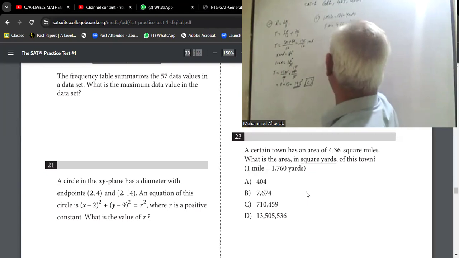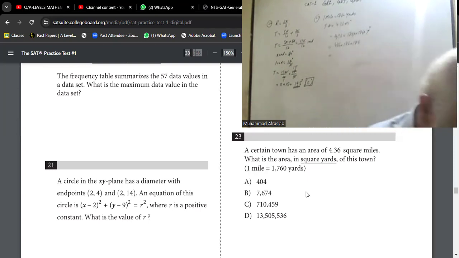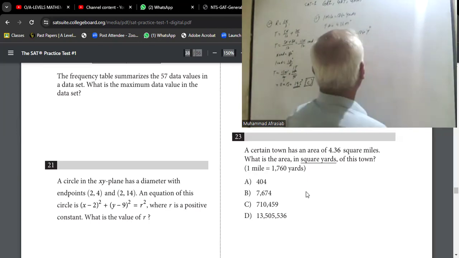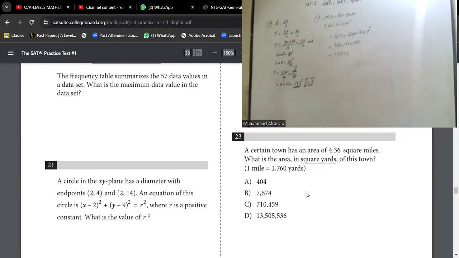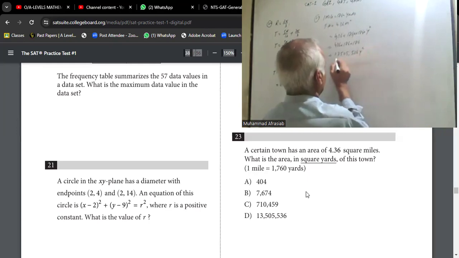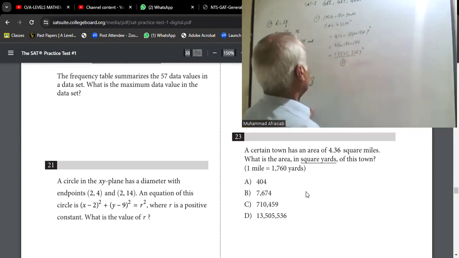So 4.36 into 1760 into 1760, and that should be equal to the value in square yards. So 436 into 176 into 176, and that value is equal to the area in square yards. So D is the answer for this question 23.